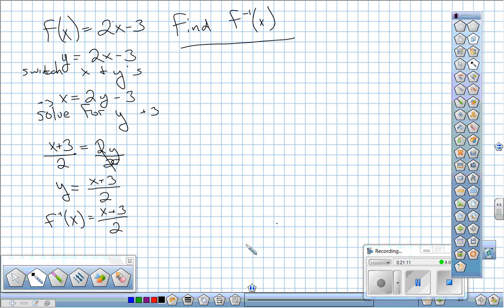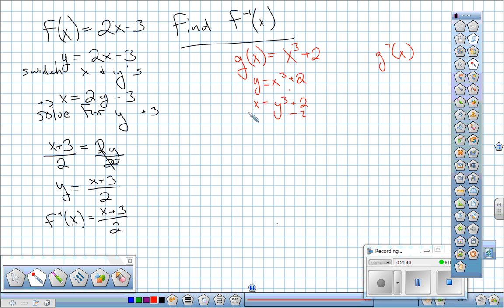The linear ones are usually pretty nice, so let's do one with a cubic function. I give you g of x equals x cubed plus 2, and I want you to find g inverse of x. So I have y equals x cubed plus 2, and then I replace my x's and my y's, so I have x equals y cubed plus 2.